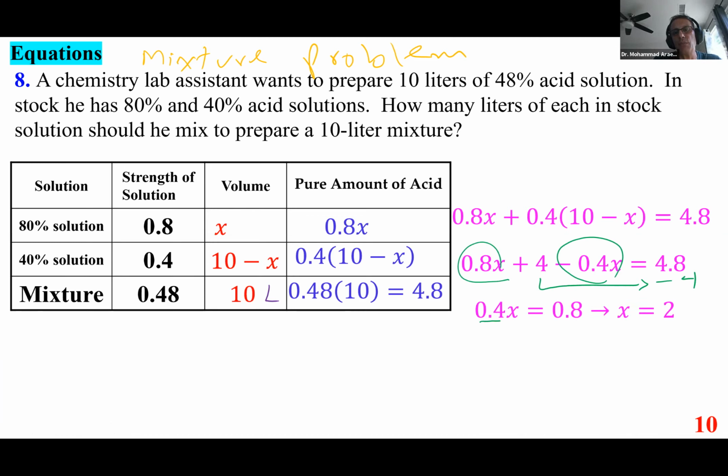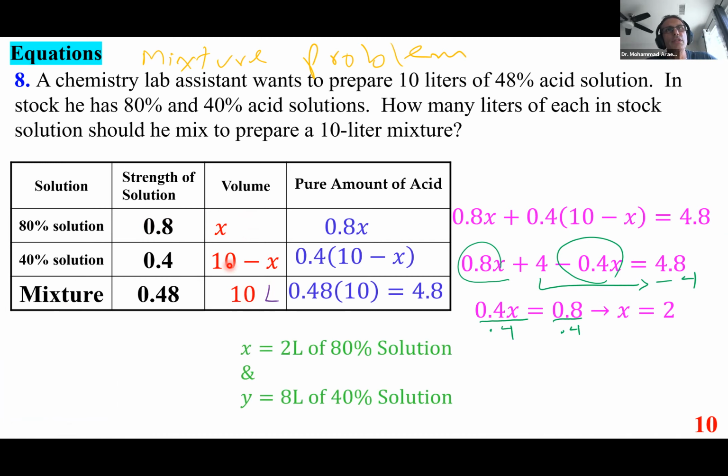When we divide both sides by 0.4, we get x equals 2. So what is x? 2 liters of 80% solution. How much is left? 10 minus 2, or 8 liters of 40% solution.